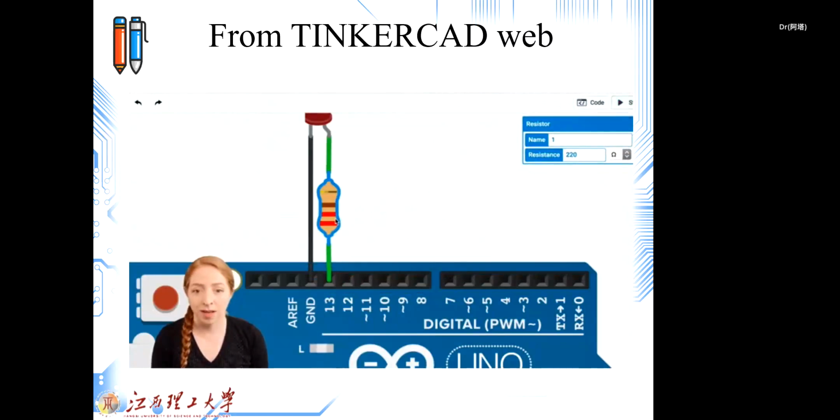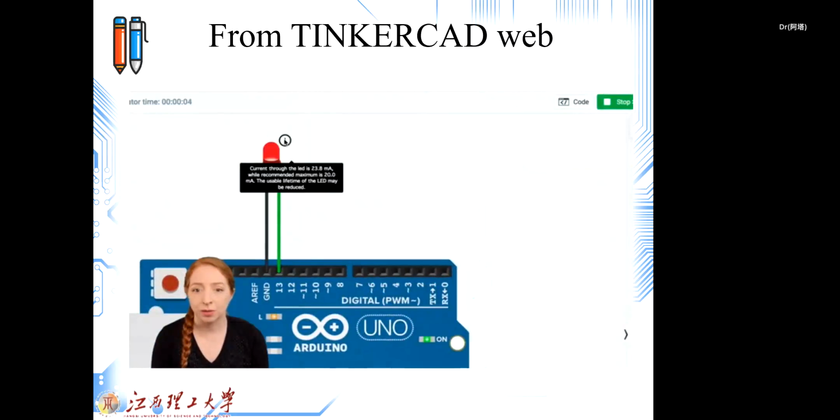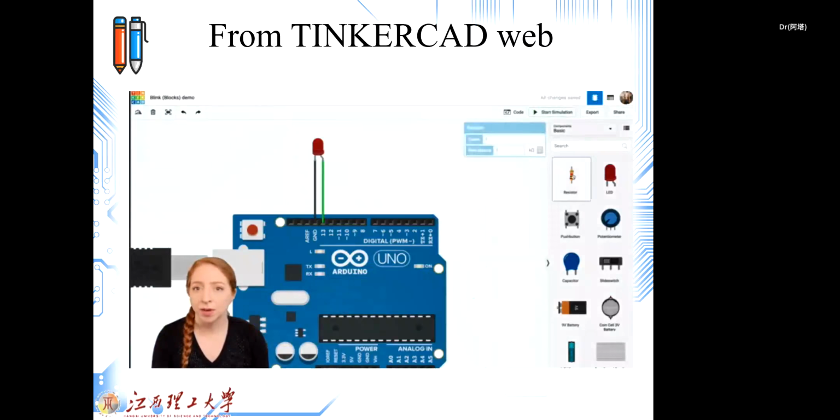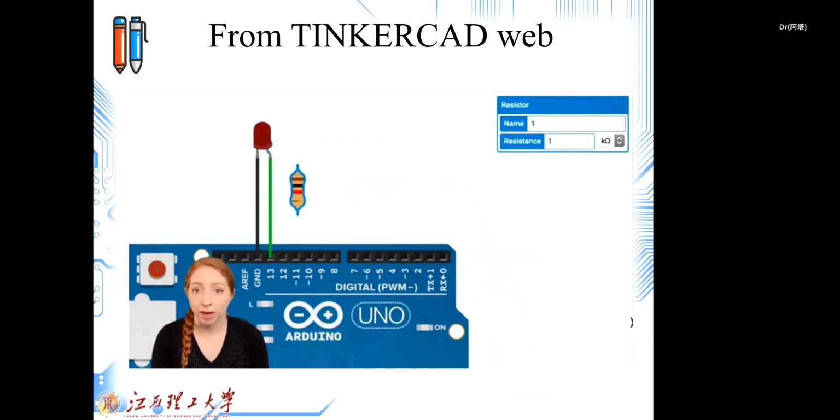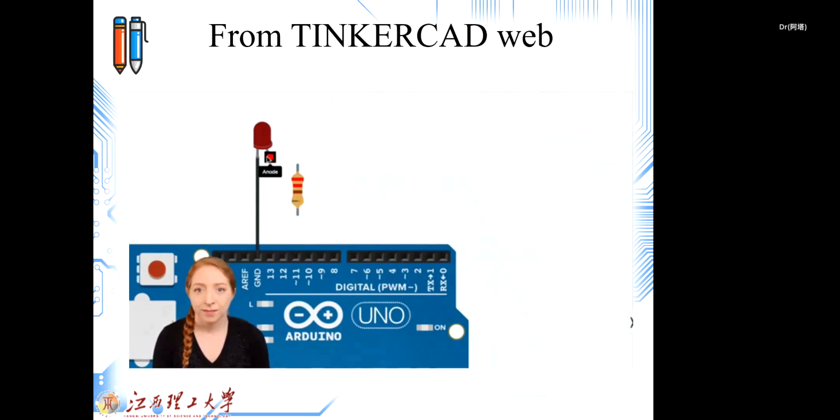The role of this resistor we will talk about next lecture, but it's just to limit the current. 220 ohms is okay, but I generally like a 1K resistor. Simply you can connect like this.